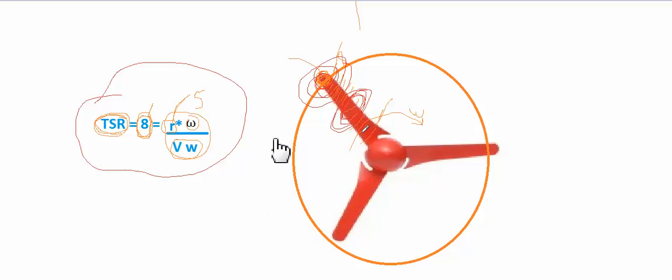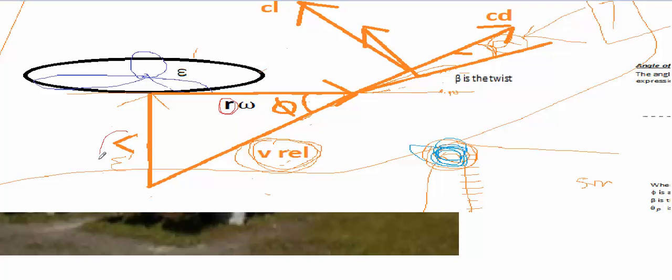That's the reason the angle of inclination phi changes, and hence we have to change the twist. I hope you're understanding this concept. Now let's observe this final element and see what's going on there. Again, the velocity of wind is the same for all the elements. The only thing that is changing is R.